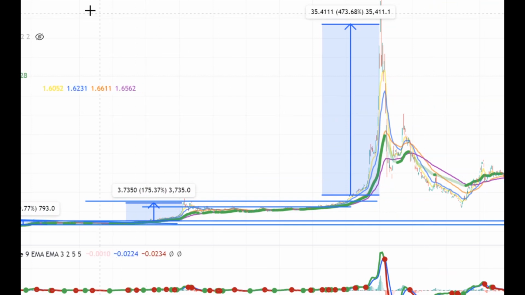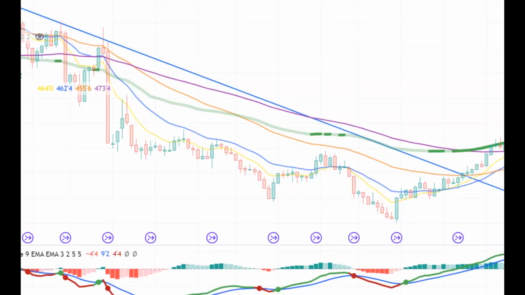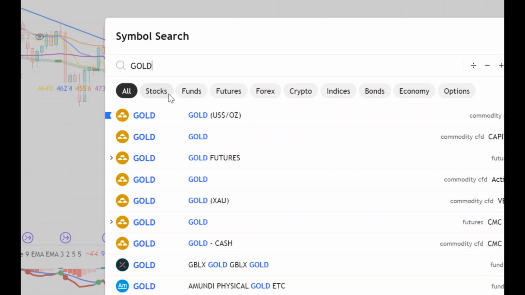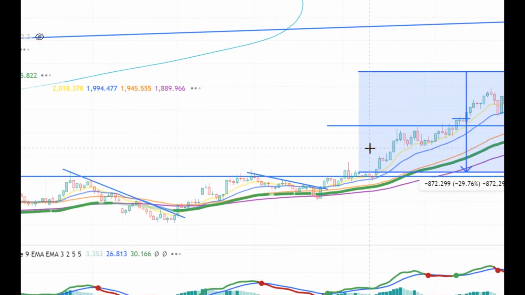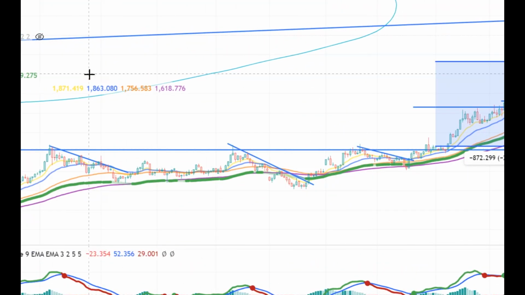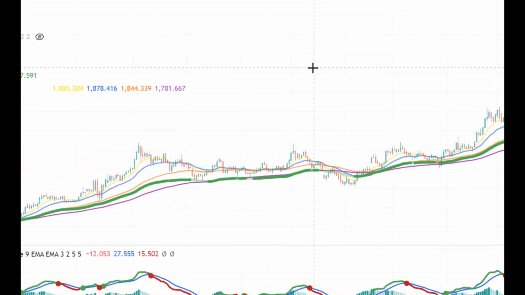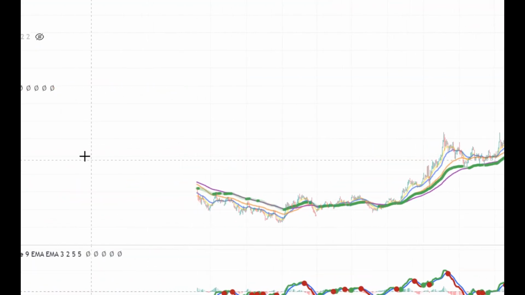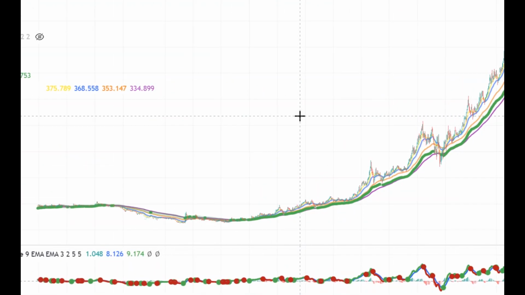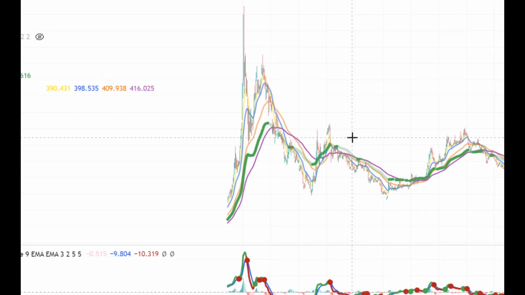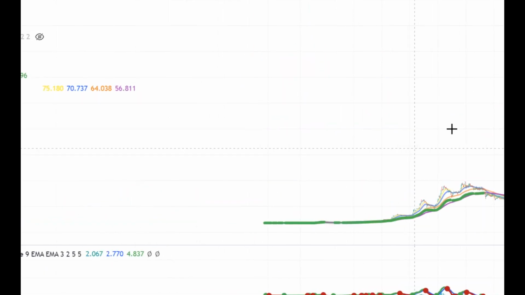Now let me go back to gold for a minute. Those corn futures. Hold on. And show the same patterns here. I'll take off my dumb drawings here. So let's go back to the 1970s.